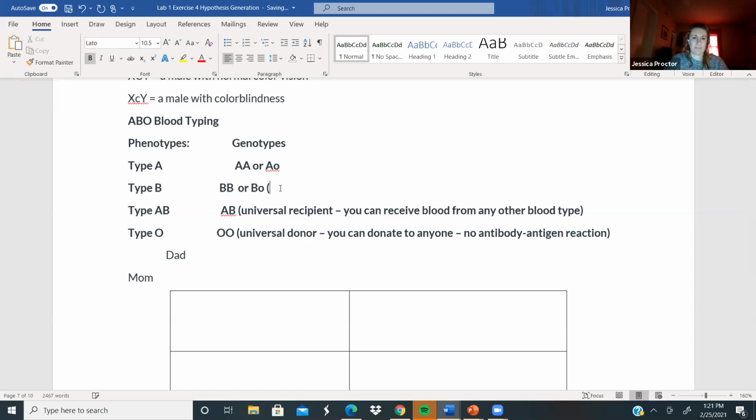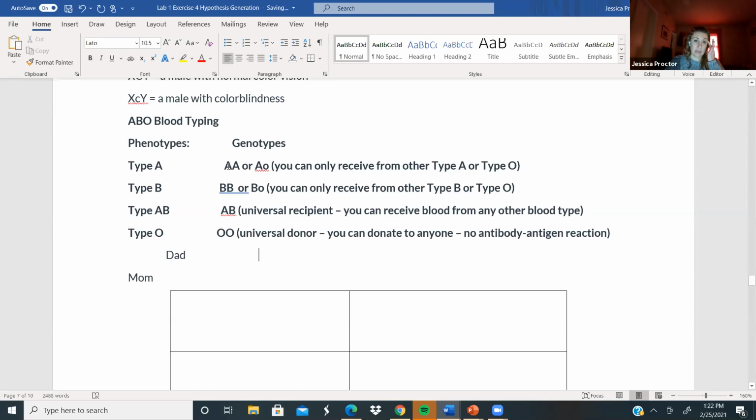And then if you're blood type B, you can only receive from others that are type B or type O. And same deal with blood type A. If you're blood type A, you can only receive from others that have type A or type O.